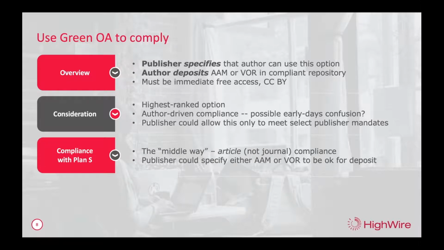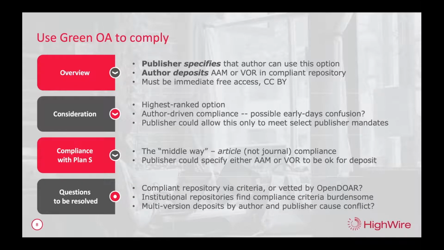Publishers would need to choose whether authors can deposit author-accepted manuscripts or the version of record. Probably not a choice. You probably want to be clear about which it is. There's still debate 20 years after the launch of PubMed Central about which is best from a publisher standpoint, from the standpoint of the science.